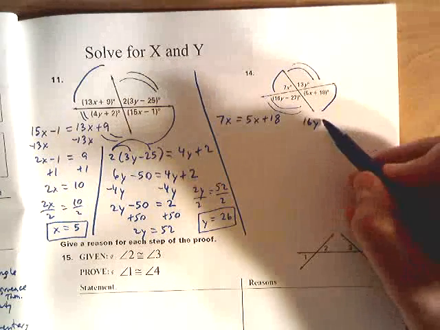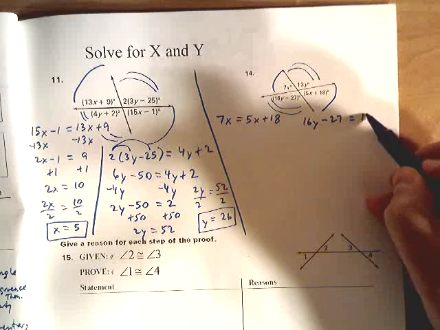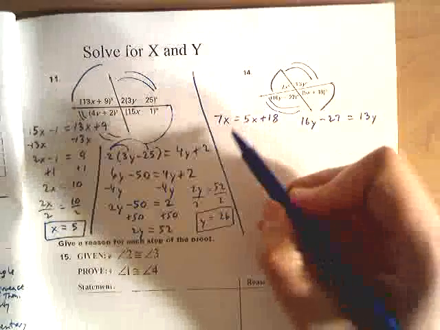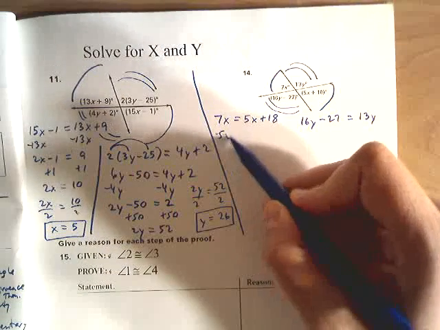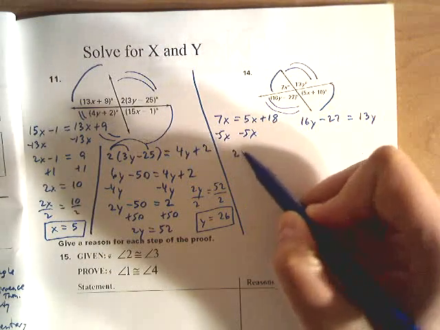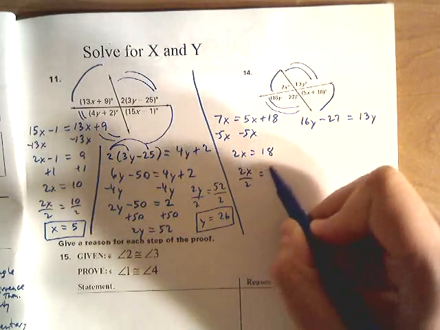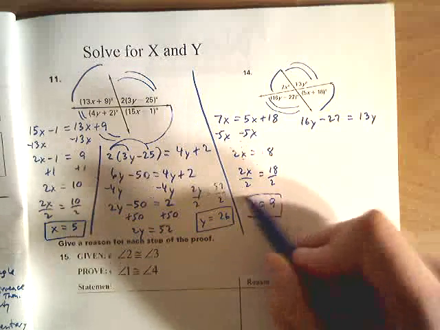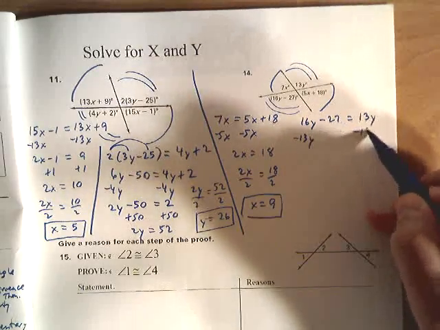So we can state that this angle, 16y minus 27, must be equal to the other angle, 13y. So all I have to do now to find x and y, that's the directions, is do some equation solving. And I will find my answers for both x and y.